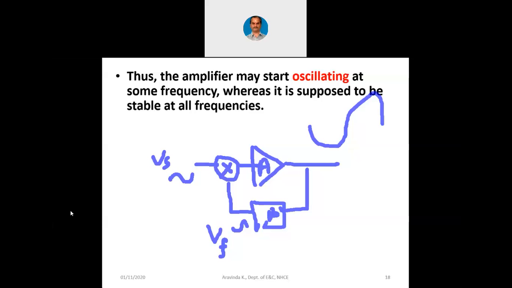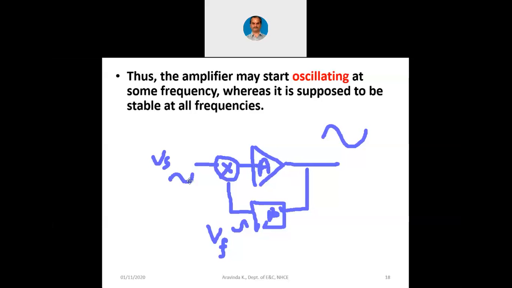Now imagine that because of some non-idealities, the phase shift may not be 180 degrees. Imagine at some high frequency, because of the non-ideality, phase shift will not happen in that amplifier exactly at 180 degrees.